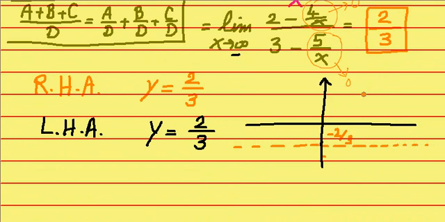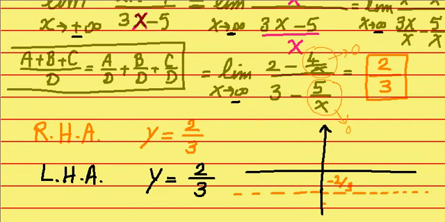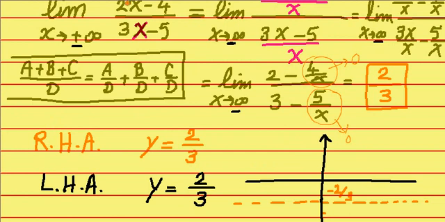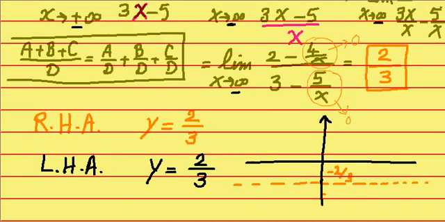The function we have considered here, 2x minus 4 divided by 3x minus 5, in some fashion comes close to this dotted line. Now in what fashion? We have to work harder to get that. Right now we are just focusing on finding this. The left tail or right tail of it is the same line.